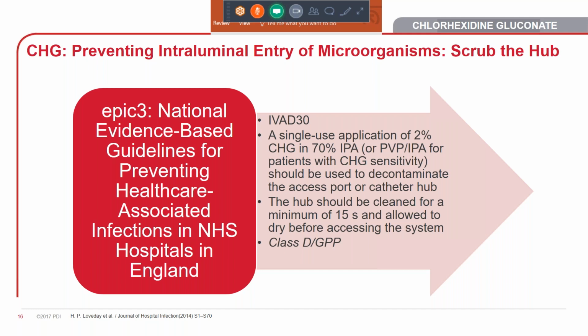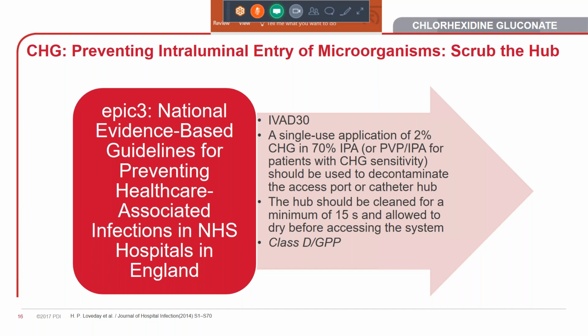And they also go on to specify the application time, a minimum of 15 seconds, and allowed to dry before accessing the system. This is considered a Class D and a good practice point recommendation.